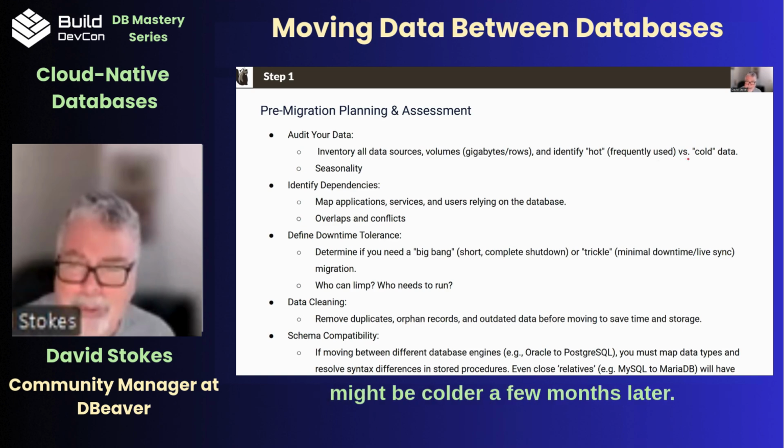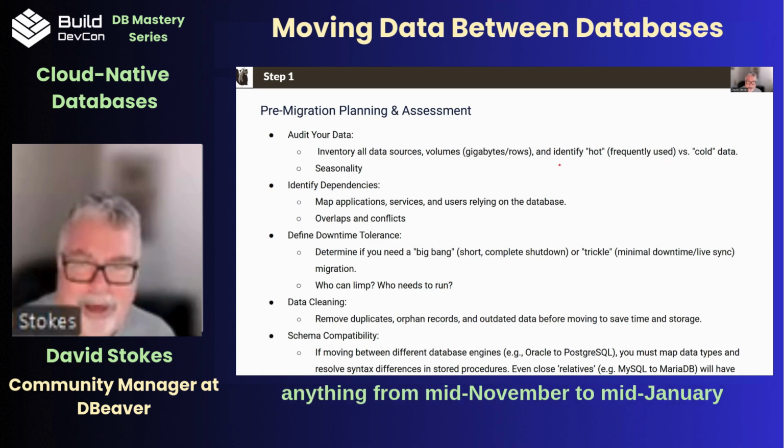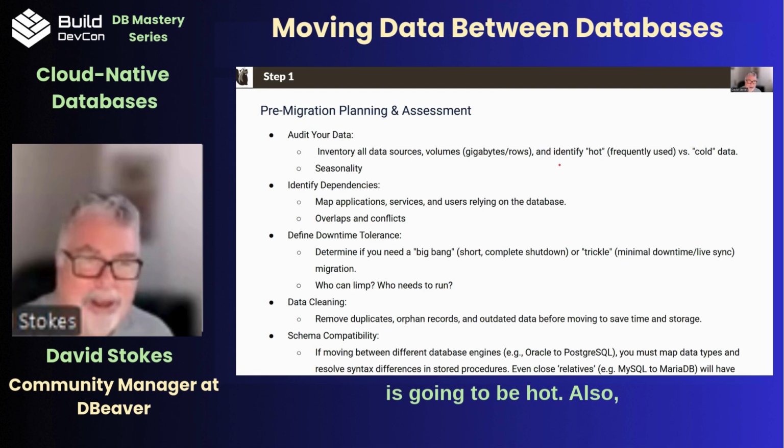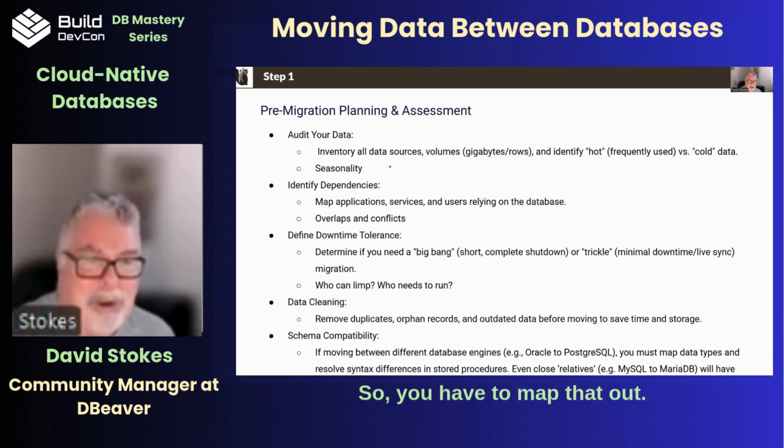Might be colder a few months later. Also, if you're in the retail business, anything from mid-November to mid-January is going to be hot. Also, some parts of your data, the seasonality might affect other parts differently, so you have to map that out.